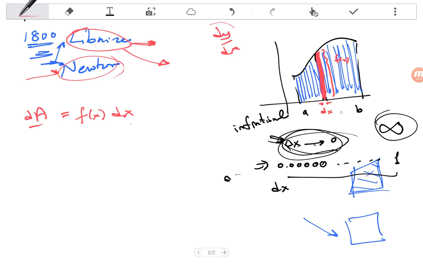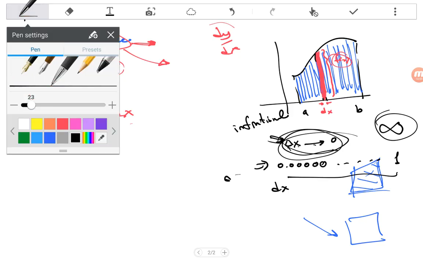If you multiply this infinitesimal value by f of x, you also get an infinitesimal value. So he symbolized that by dA, which is d of the area, or infinitesimal area.